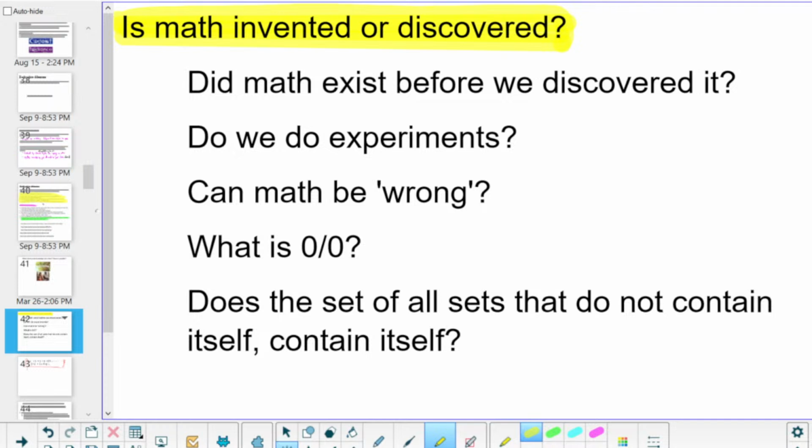Last group? We have wildly different opinions. Okay, well, pick one for each side then. So, we decided that math was discovered because, like the other group said, even though the language and symbols used might change, math itself makes up the universe, so it can't be just invented by us.